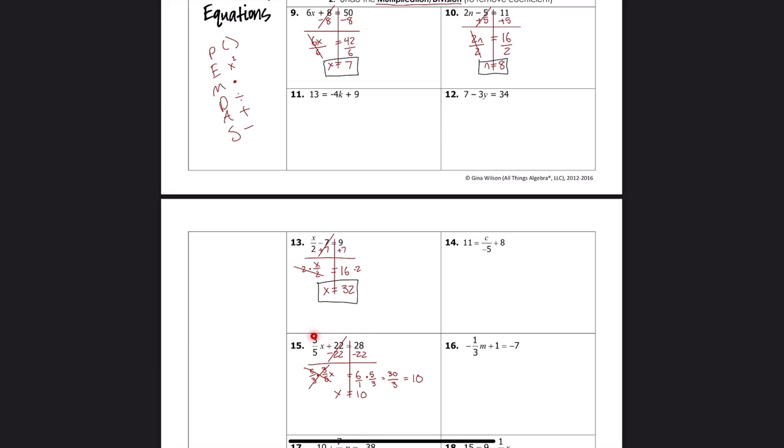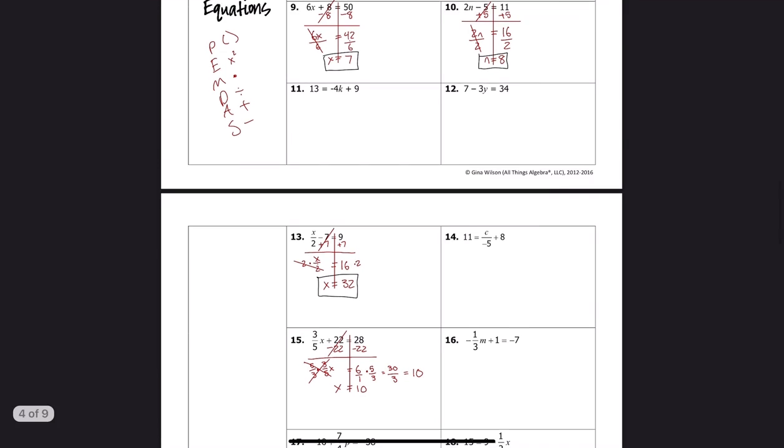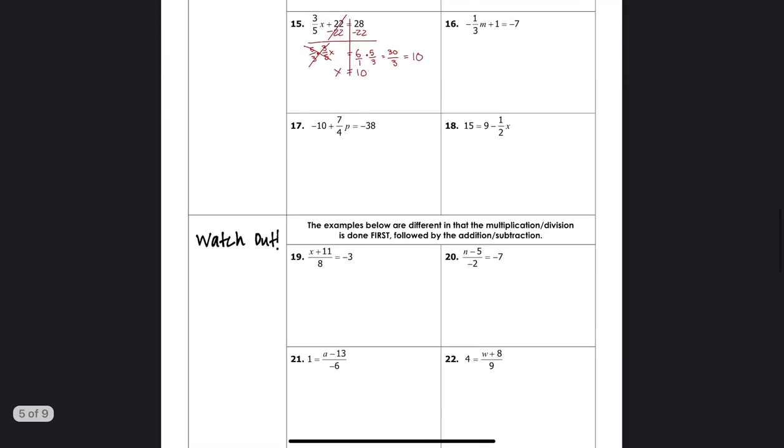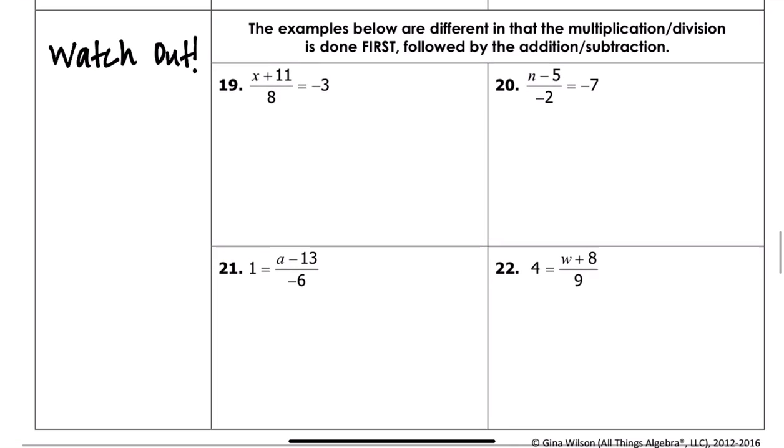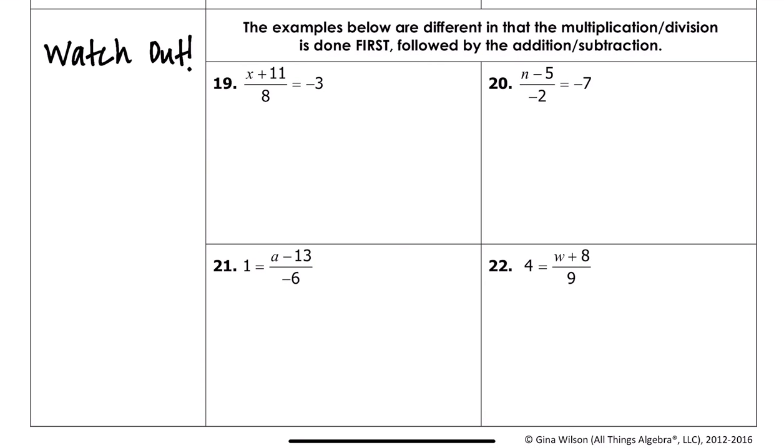Ones where we have add, subtract, and then multiply. Or ones where we have a fraction involved. So I wanted to take a look at one last type here, and that's going to be in the section that says watch out, because you really do have to watch out for these.